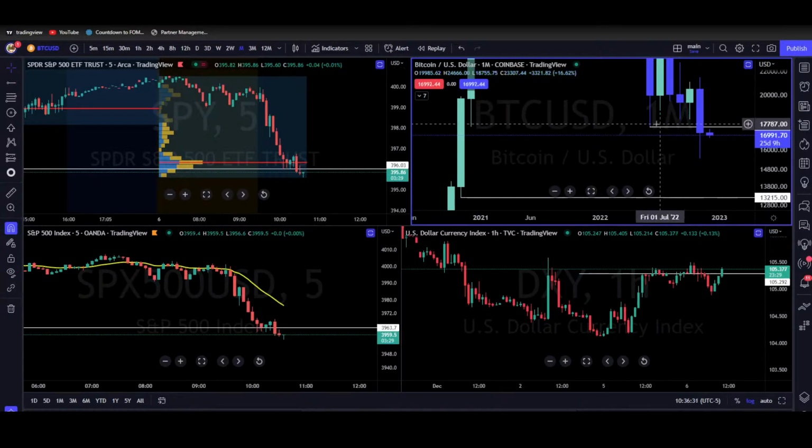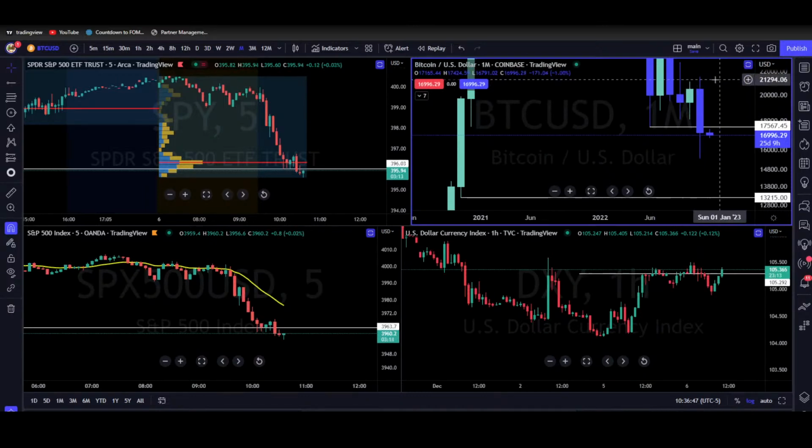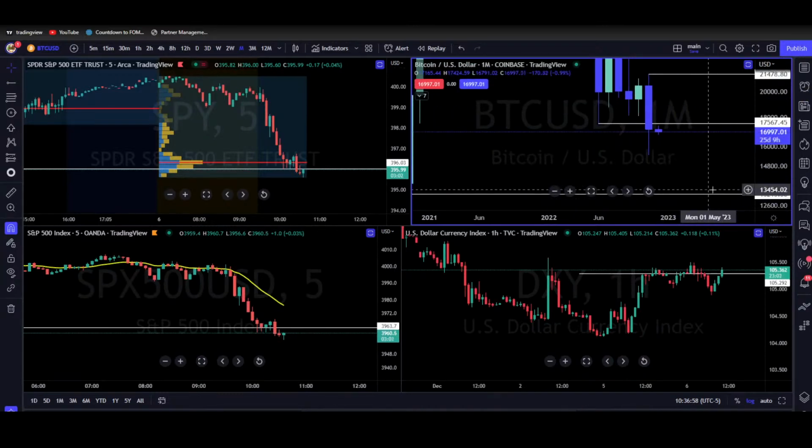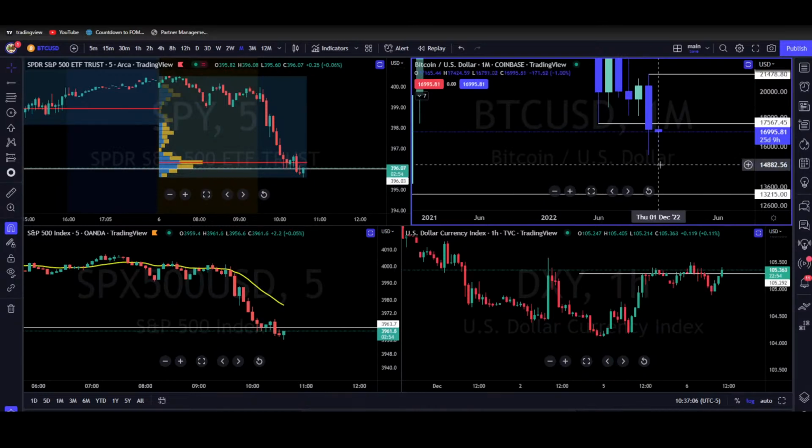Because if price gets back above this, then that could be suggestive that price may be wanting to go back up and liquidate this. Okay? Those are our future targets for Bitcoin. 21,478 to the upside, 13,215 to the downside.